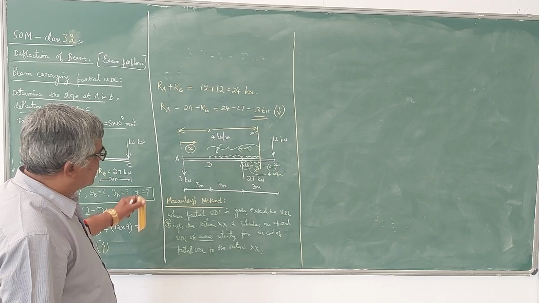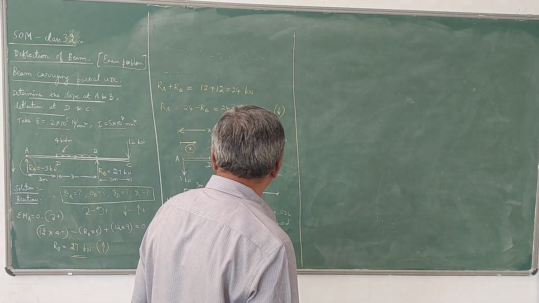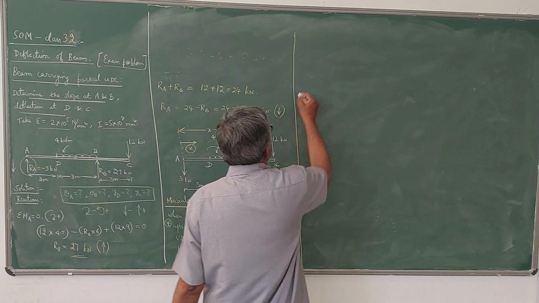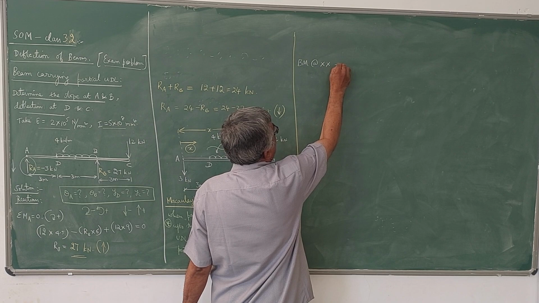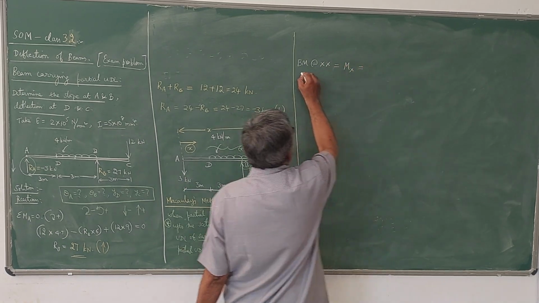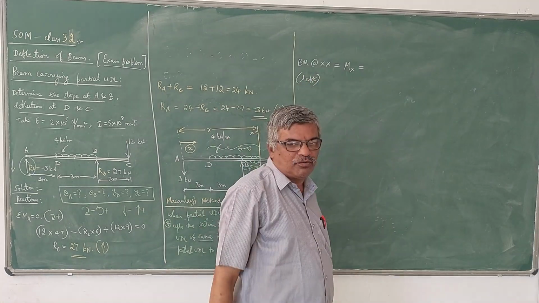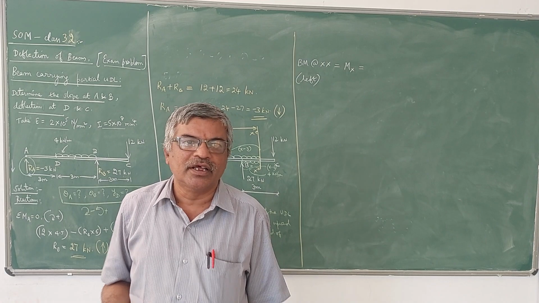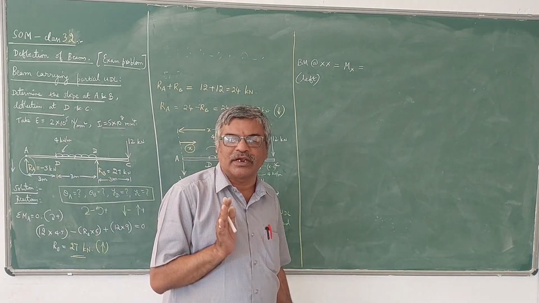Okay. Now, once you introduce these UDLs, we have to write the bending moment expression at XX. I am using the mechanics method equation, Mx. See to the left side of the section. I have told you that irrespective of the left side or right side of the section, if the force is acting downward, it gives negative bending moment, that is hogging.